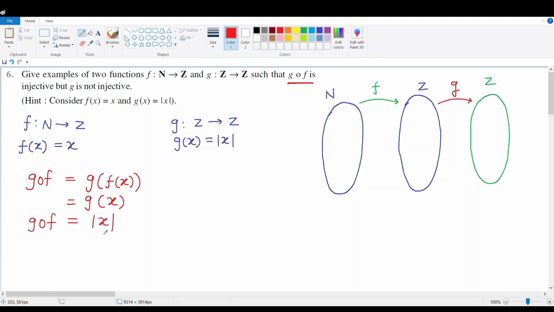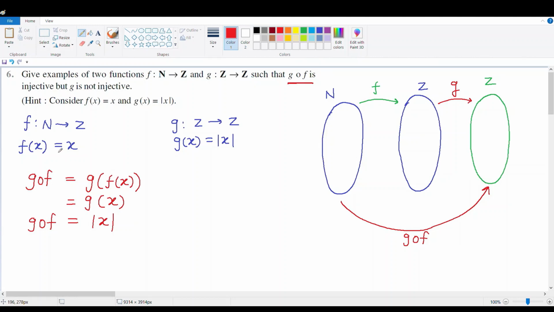Now for g of f of x, we got the function definition. Now it's going to be from what domain to what codomain. See, in g, you had input from f of x. So that means your g of f is going from N to Z. Why?